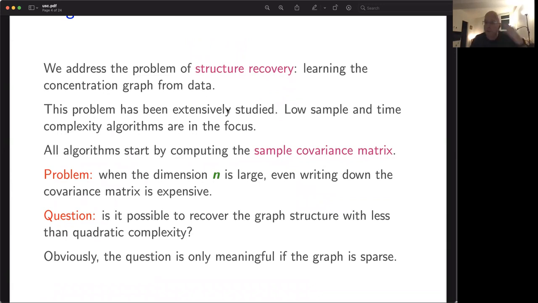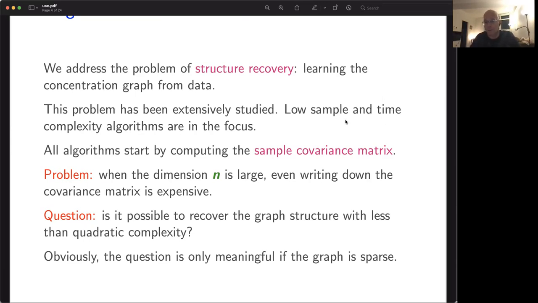So in this huge literature that I'm not going to survey, because that would take much more than all the time that we have, the focus is to find methods that recover this graph based on as few samples of this Gaussian vector as possible and as fast as possible.